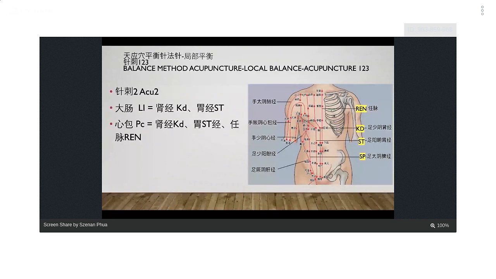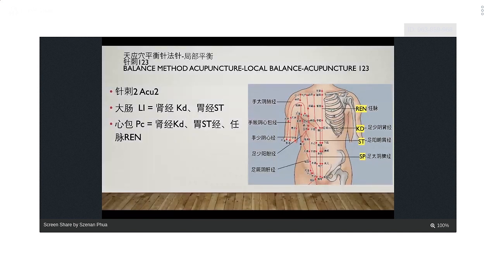And we also find that pericardium meridian can balance kidney meridian, and that's system 5, sorry, system 5. Pericardium can balance stomach meridian, that is system 2. And pericardium also can balance Ren meridian.